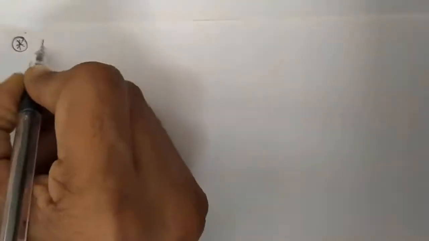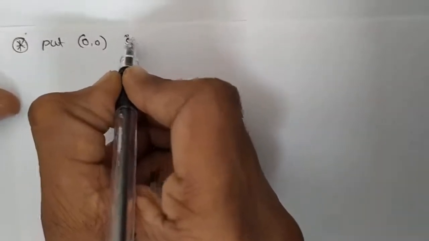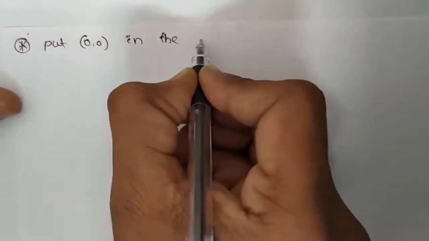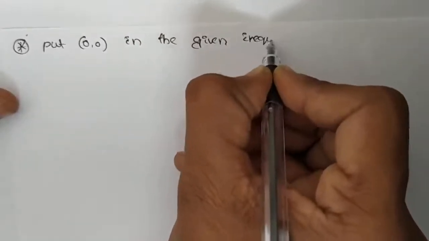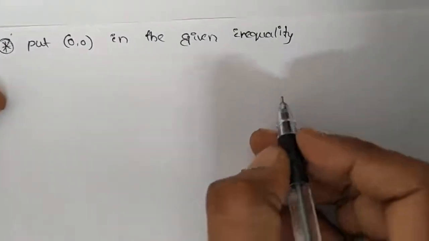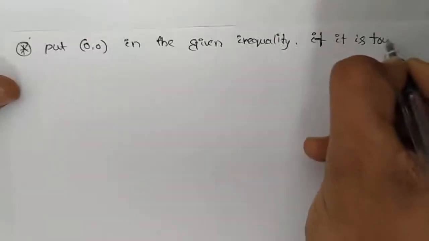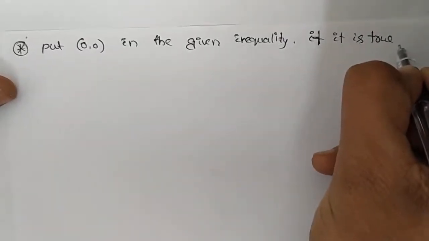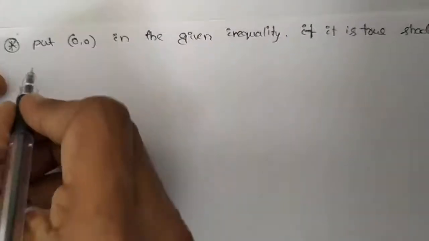Put 0 comma 0 in the given inequality. If it is true, shade towards the origin.